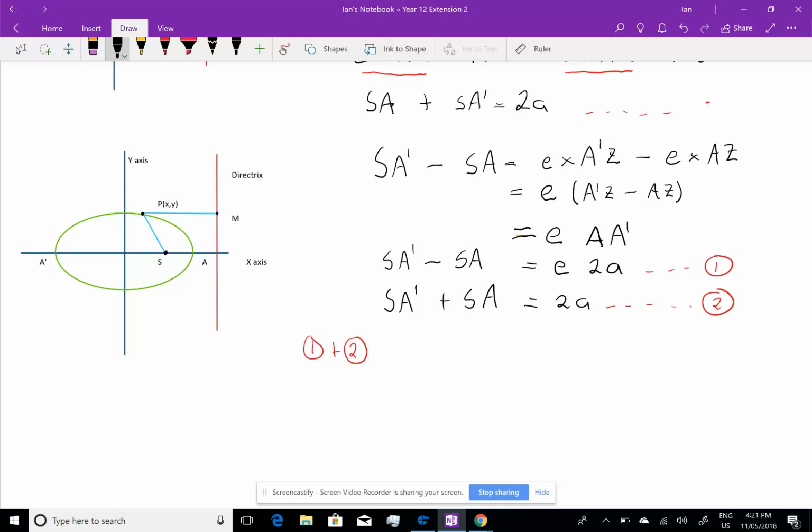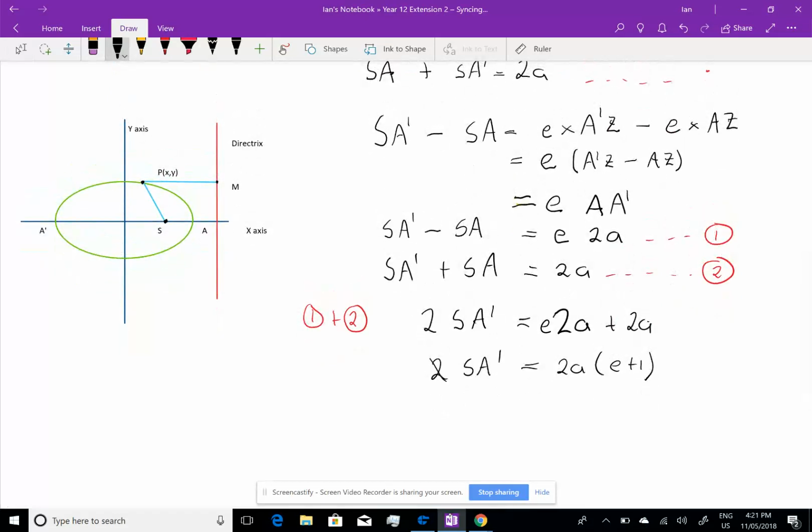If I add them, the SAs will go, and I'll get 2 SA dash equals 2A E plus 2A. So 2 SA dash equals 2A, E plus 1. The 2's will cancel. So SA dash equals A outside it, and I'll just write it the other way, 1 plus E.